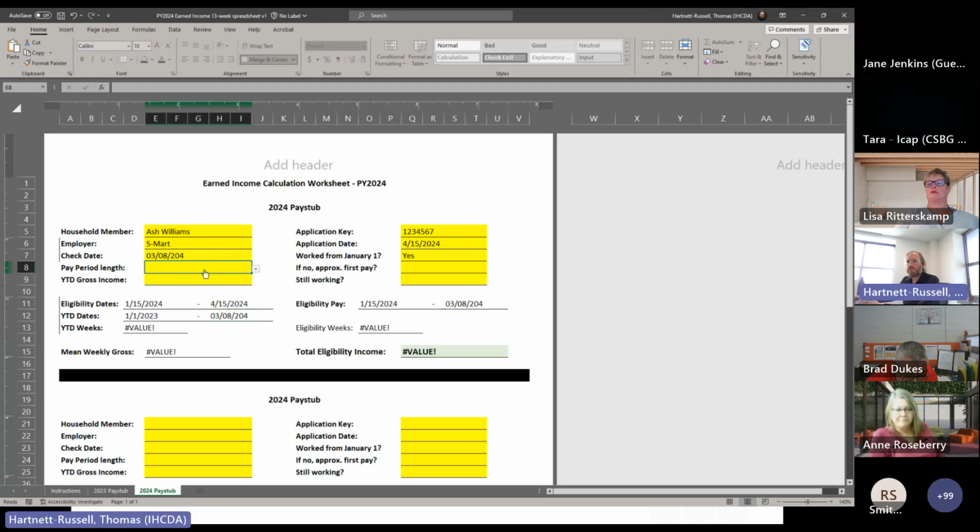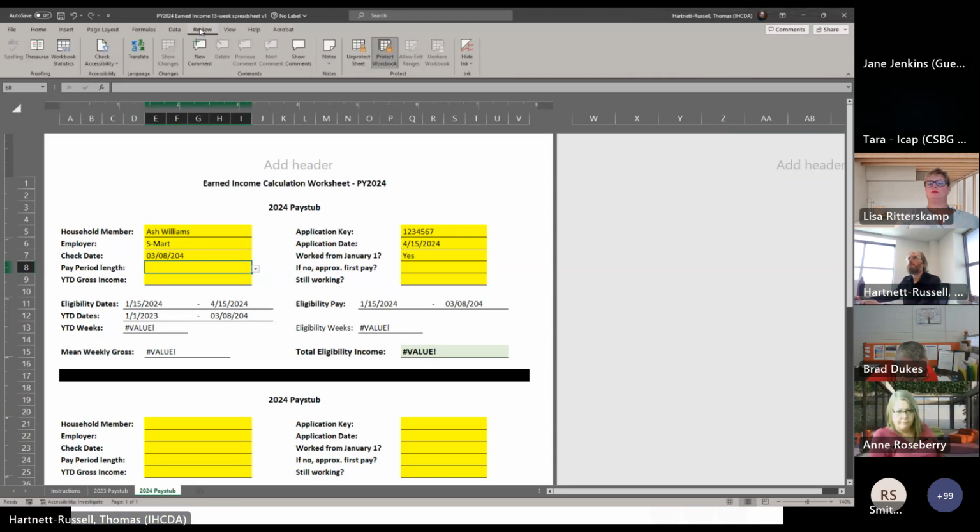Regardless, we're going to move forward with this for now. Oh, yeah, that's what that one is. But this one, change that. Okay. Because it was messing up the year-to-date weeks.